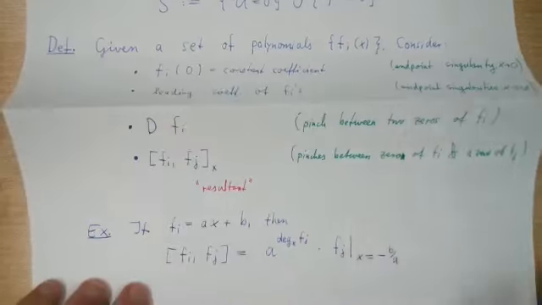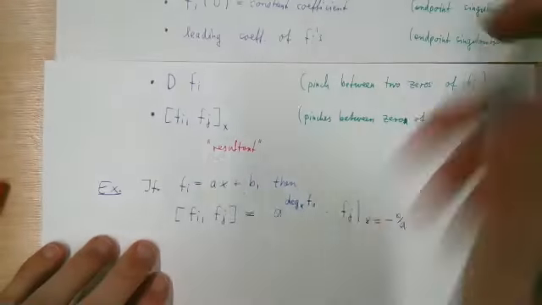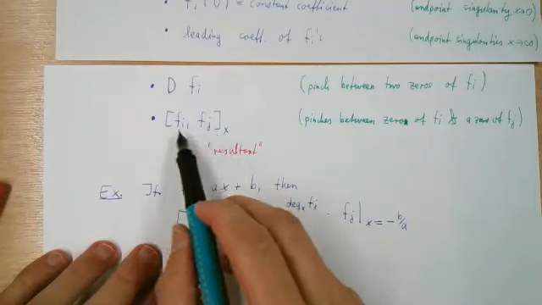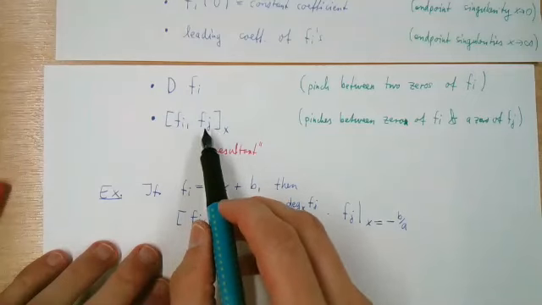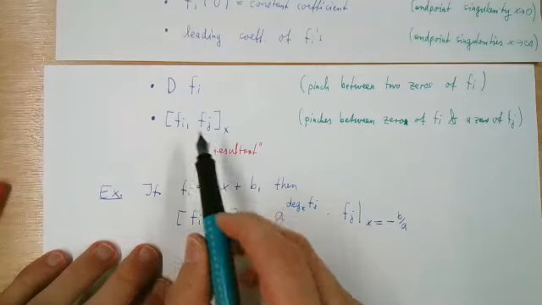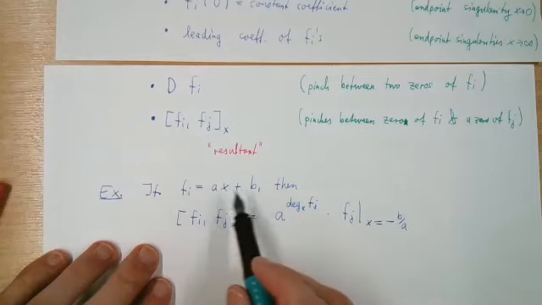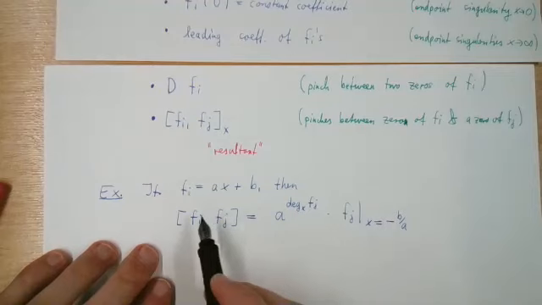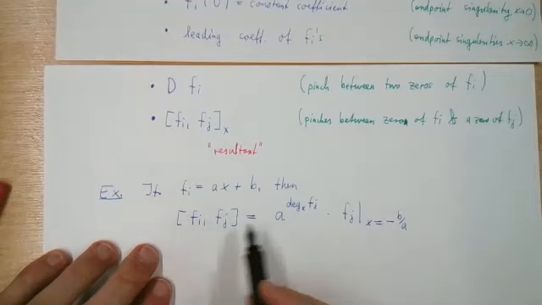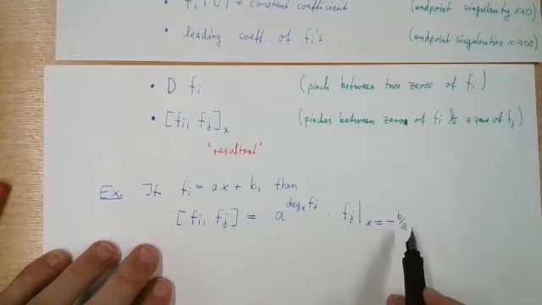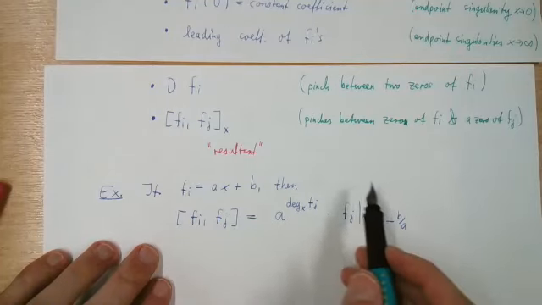So what is the idea here? You're looking for situations where the fi and the fj share a zero. They have a common zero. In general, they don't, but you're looking for the configurations where they suddenly do share a zero. So if fi is linear, then you know the zero is always minus b over a. So it has a common zero with fj precisely when fj evaluated at the zero of fi is 0. Right? So this is what you do.